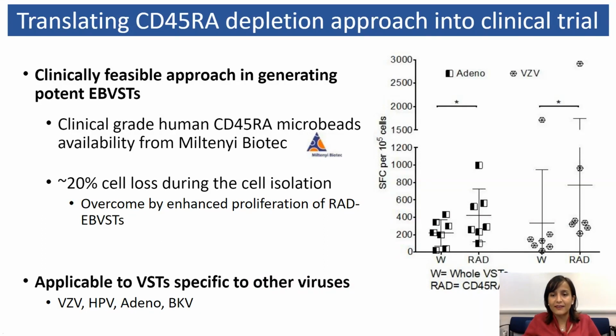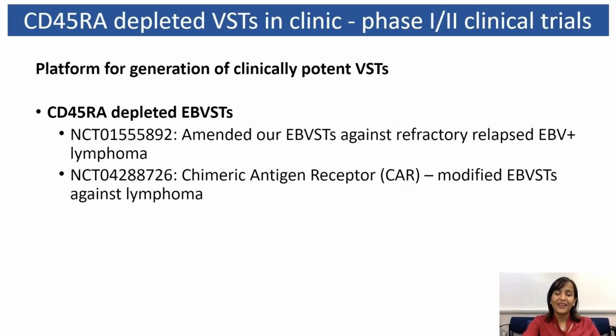And you can see here that compared to whole, RA-depleted VSTs for both adeno and VZV demonstrate higher frequency of antigen-specific T cells, just still demonstrating that this platform can be applicable to generating virus-specific T cells. So this is a very feasible platform for generating clinically potent VSTs.